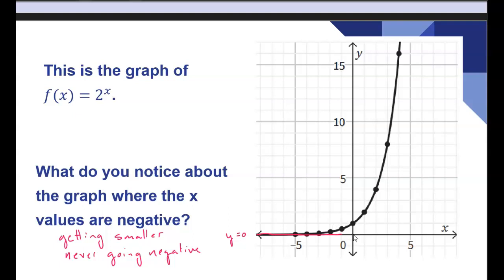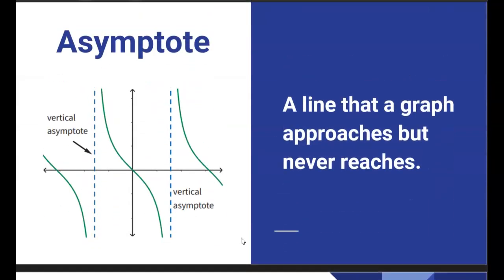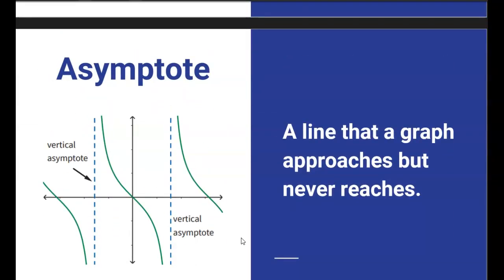Because that's where our y value is 0. So we have an asymptote at y equals 0. The function is approaching it, but it never quite gets to 0 and it never quite crosses it. Asymptotes can also be vertical. We won't be looking at any vertical asymptotes today, but just so you know, that is also a possibility.